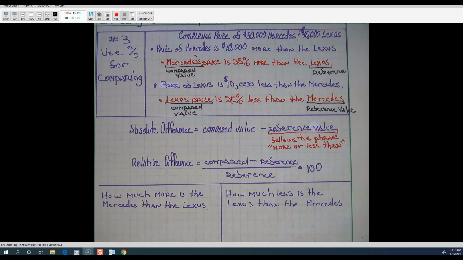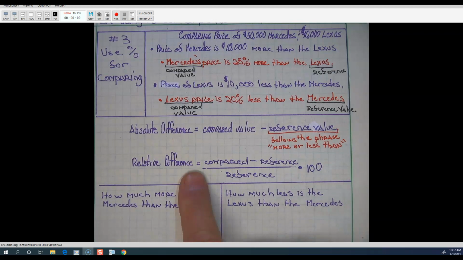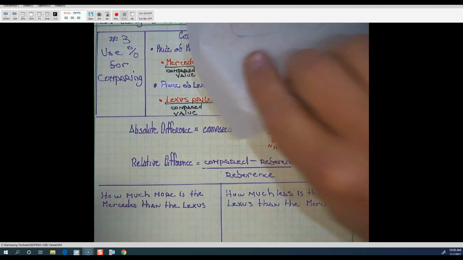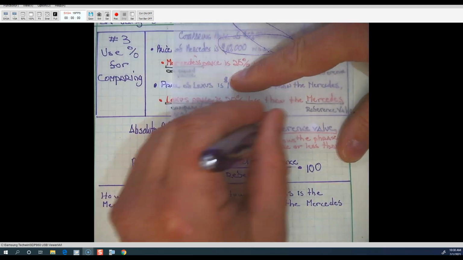Okay. All right. So to do that, you first have to get the absolute difference. Okay. So in order for you to be able to do the relative difference or percentage, you've got to do this first.